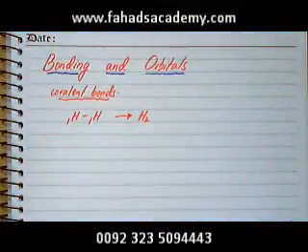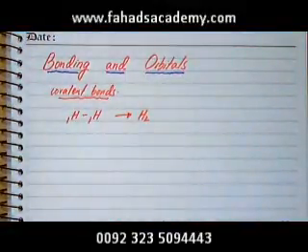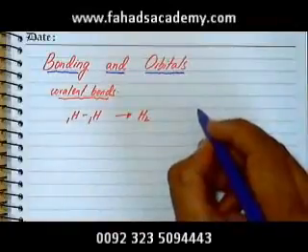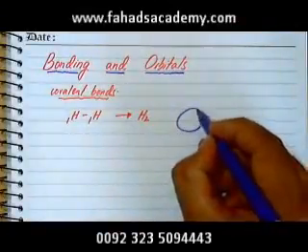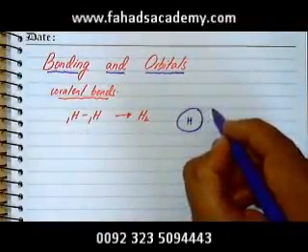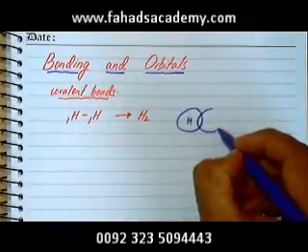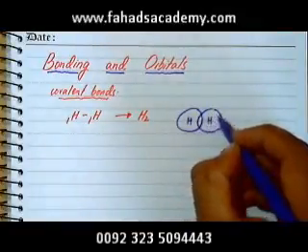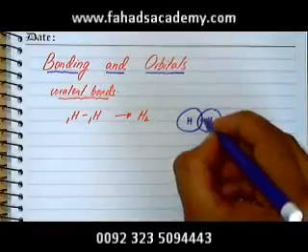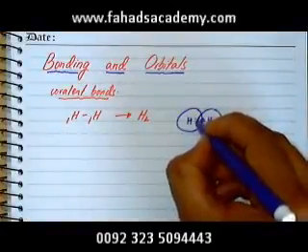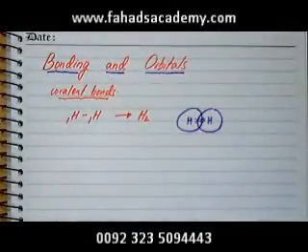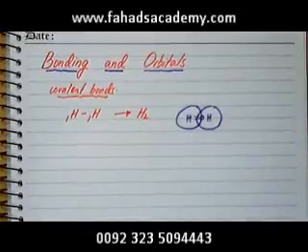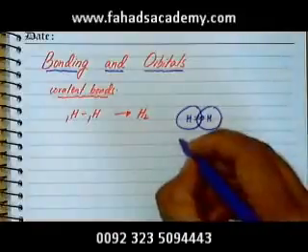Let's draw the dot and cross diagram for this molecule. One electron of one hydrogen was shared with one electron of the other hydrogen atom. One was drawn with a dot and the other with a cross. This was the dot and cross diagram representation of an H2 molecule.